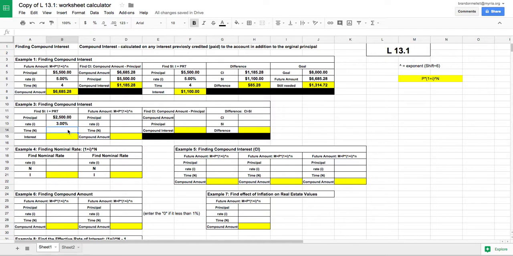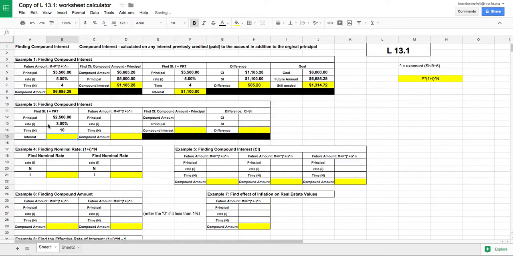Now let's look at our time. The time we're going to put in here is going to be 10. Instead of dividing the time, we're counting the number of times it's going to compound. It's 5 years, and it compounds every 6 months because it's semi-annually, which means there will be 10 compound periods throughout 5 years.